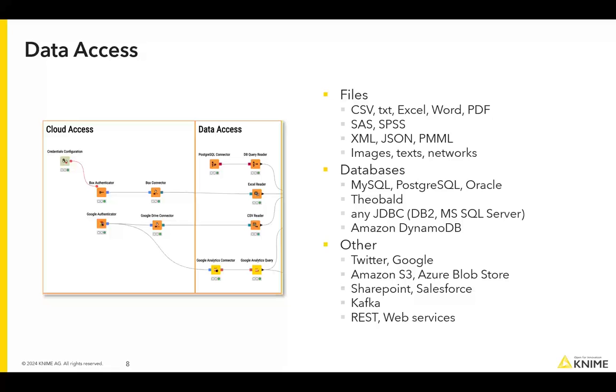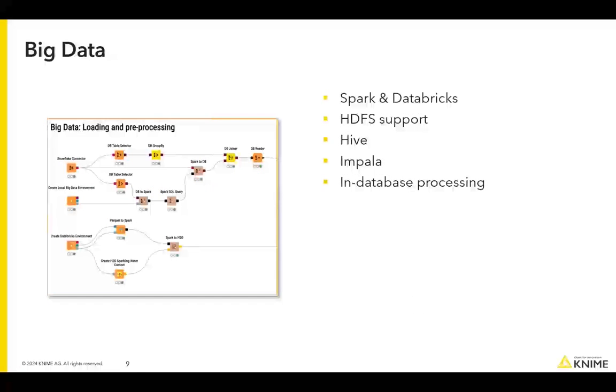You can access data not only from a local machine, but also from remote file systems. You can access data from databases, SQL and NoSQL, and from different web services, and you can also send REST requests. Also, you can access big data from sources such as Hive, Impala, and HDFS.